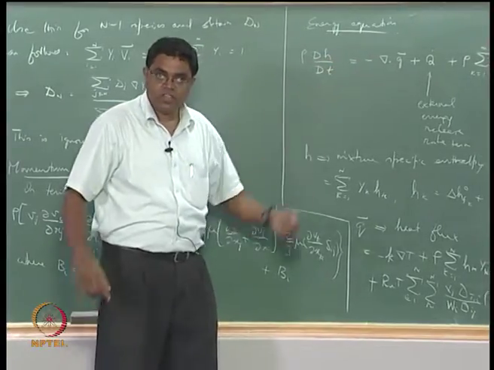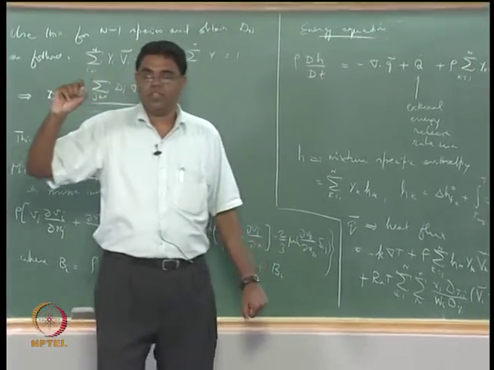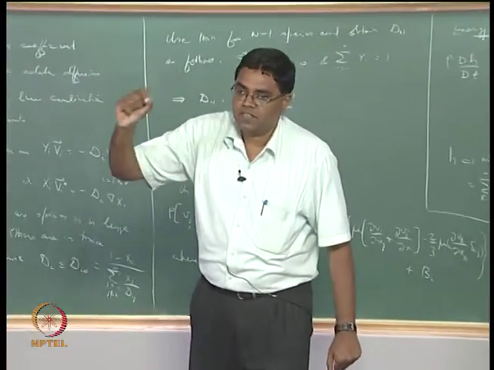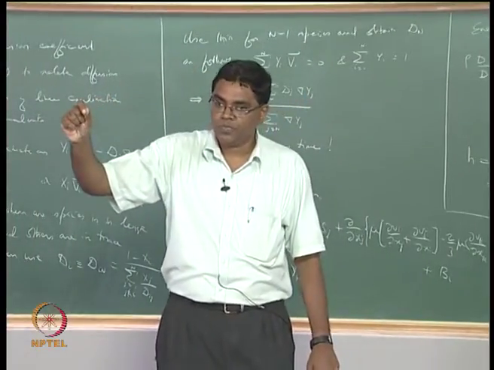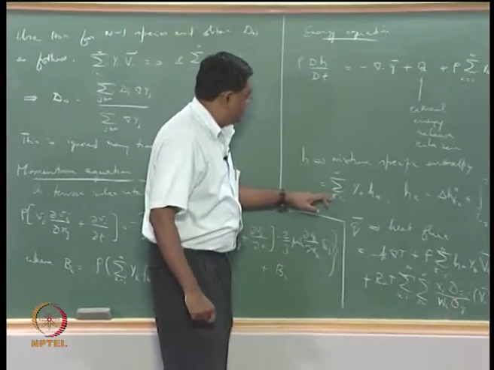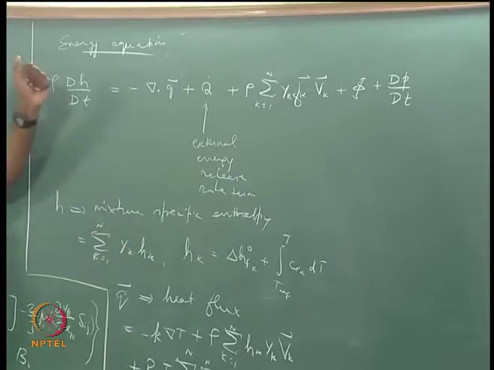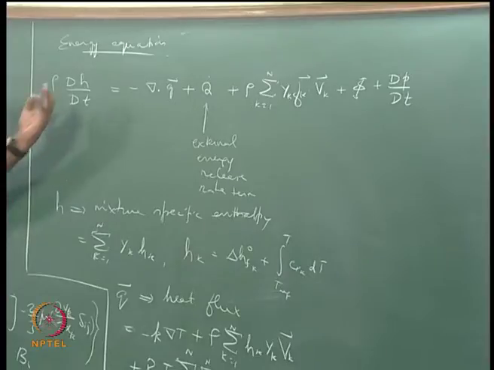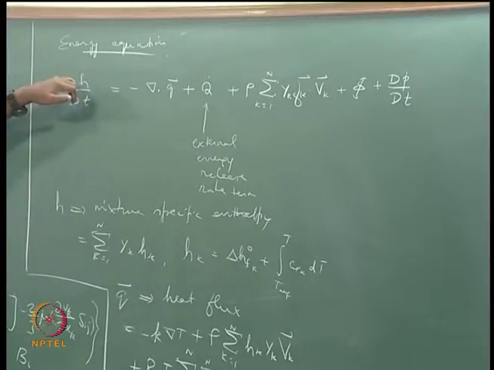The v there is the mass average velocity of the mixture, okay. And keep in mind that h is sigma yk hk. The mass averaged velocity of the mixture is not species dependent, it is now a mixture property. So you could have pulled it out of a summation and kept your sigma yk hk as h, that is how you got your h, okay.